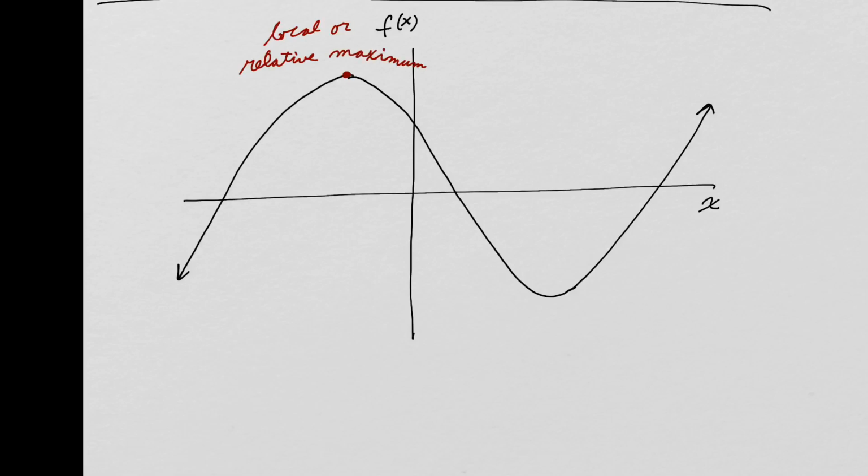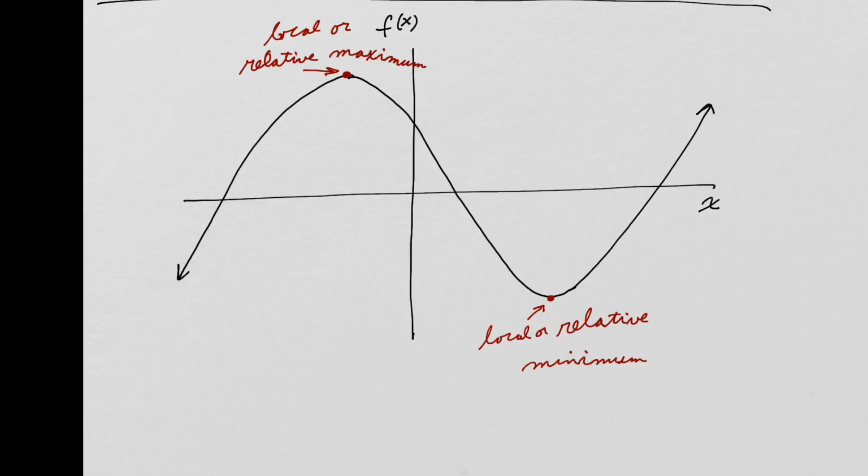You can probably guess what this point is. This is a local minimum, right? So this was a relative maximum. This point is a relative or local, doesn't matter, minimum. So that point right there.